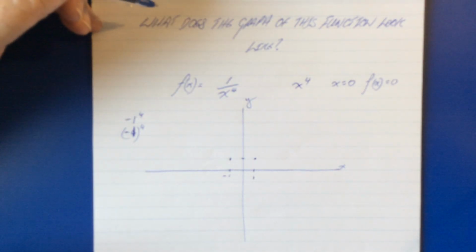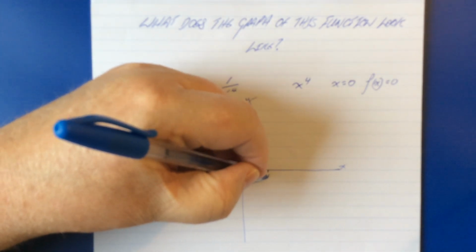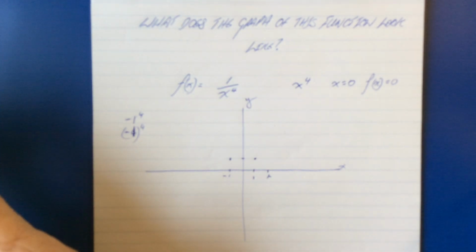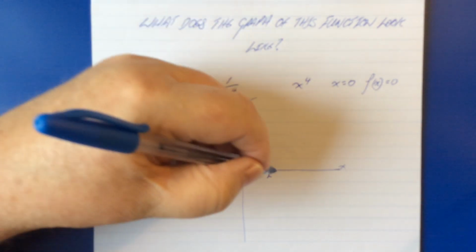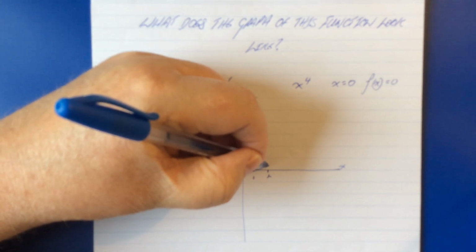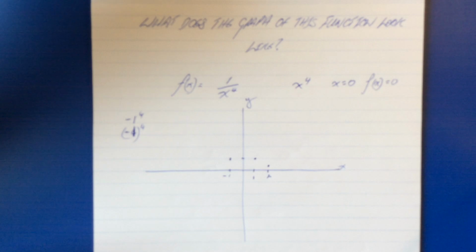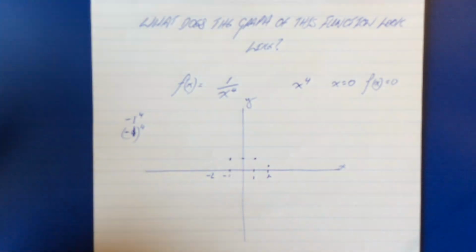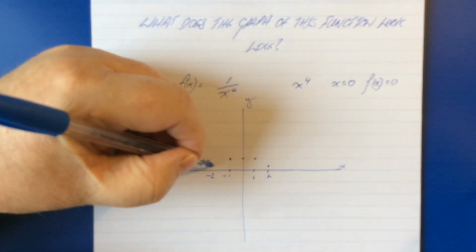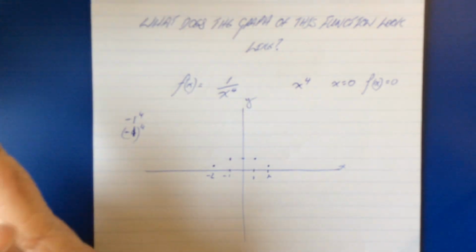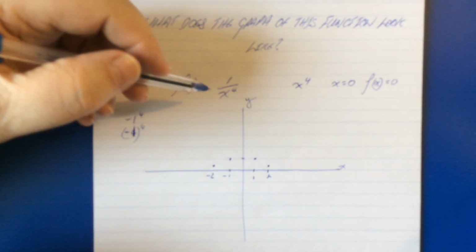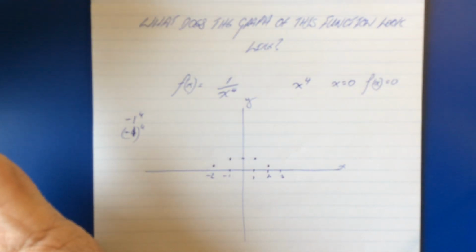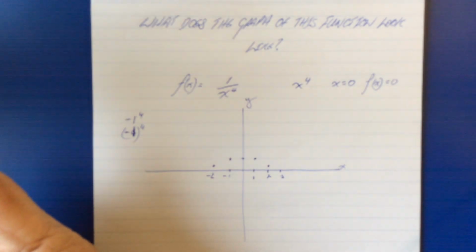Okay, let's try another number, 2. 2 to the power of 4 is 2, 4, 8, 16. This is 1 over 16. Again, this is out of scale, but I'm going to put that dot there. And we'll try it with negative 2. Everything I said about negative 1 holds for negative 2, so it is going to be 1 over 16. Okay, we'll do it for one more number along here, 3. 3 to the power of 4 is 3 3s are 9, times 3 is 27, times 3 is 81.